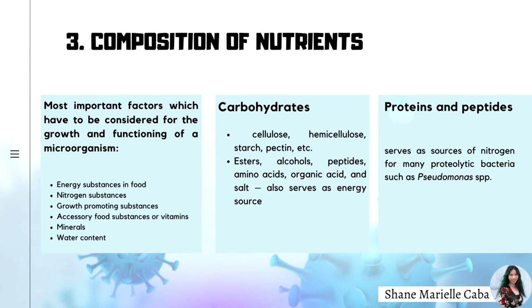Complex carbohydrates such as cellulose, hemicellulose, starch, pectin can be utilized by various types of microorganisms. At the same time, carbon compounds such as esters, alcohols, peptides, amino acids, organic acids, and their salts serve as energy sources of microorganisms.